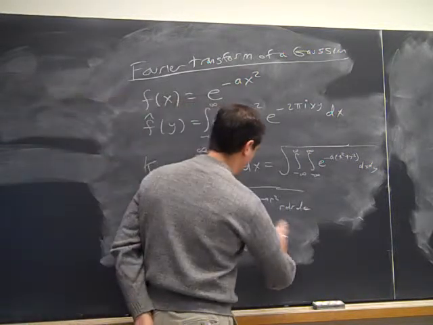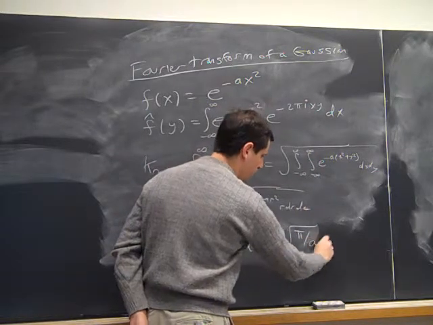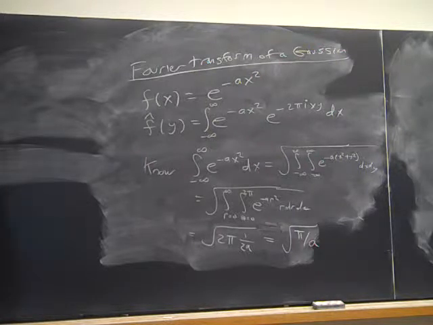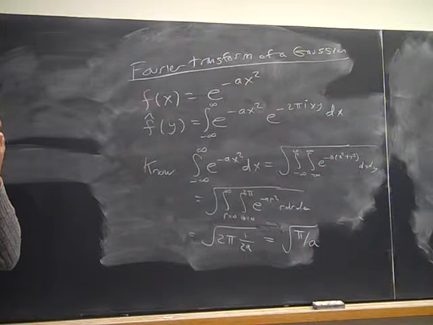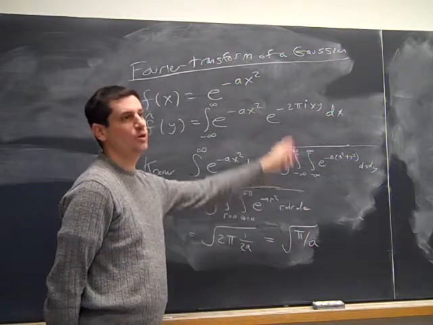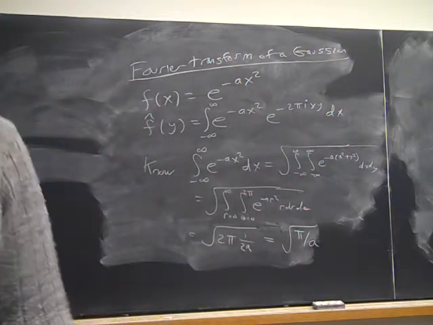And so if I've done all the algebra correctly, and if not, I don't really care, it's just the square root of pi over a. And just some nice constant. Okay. And then as a quick check, if a equals 1/2, then this would be the square root of 2 pi, which is exactly the normalization constant I need for the Gaussian. Okay, so we haven't done any algebra mistakes.